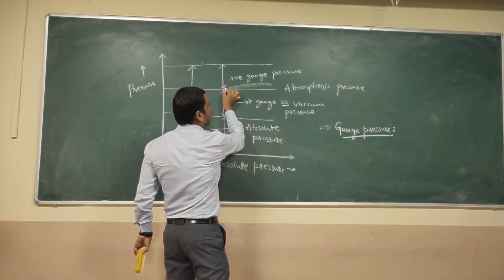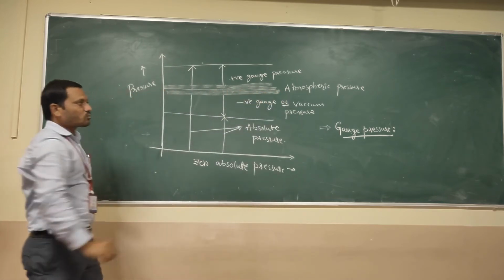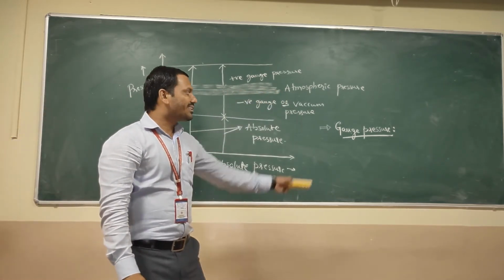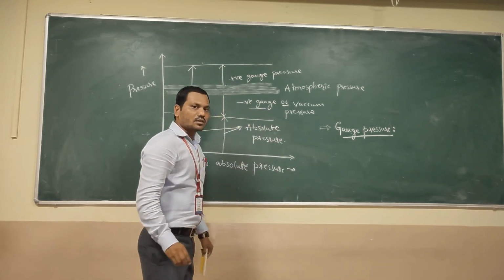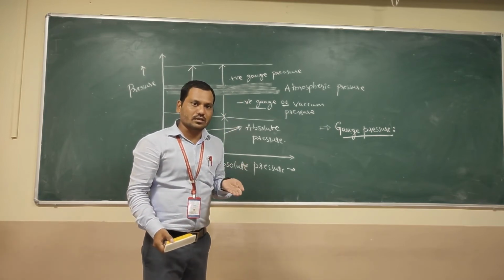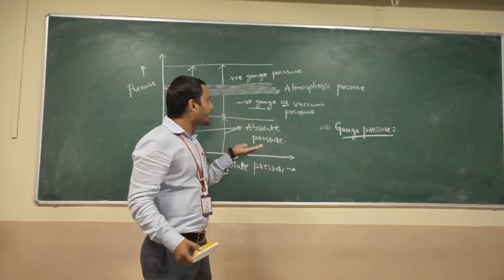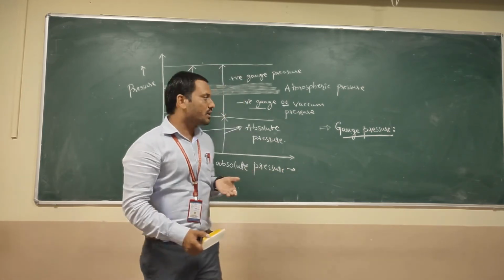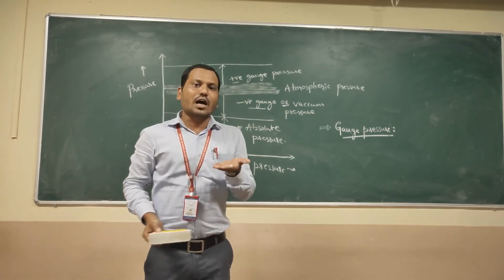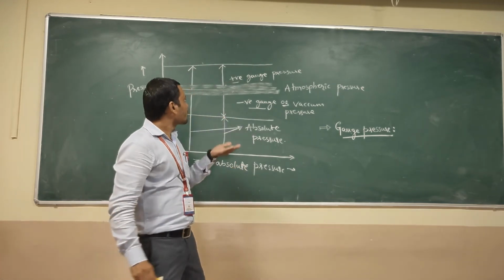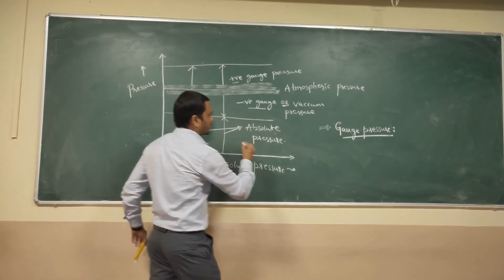The region surrounding the atmospheric pressure we call the gauge pressure. The negative gauge pressure is below the atmospheric pressure and above the absolute pressure. Similarly, the positive gauge pressure is above the atmospheric pressure.